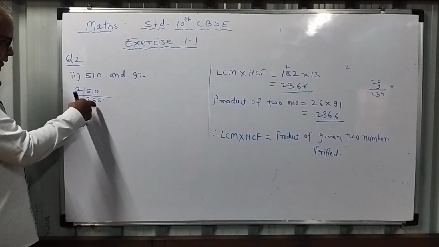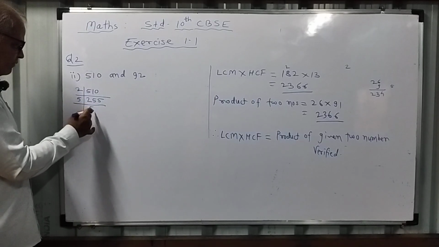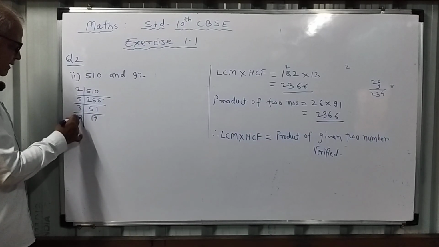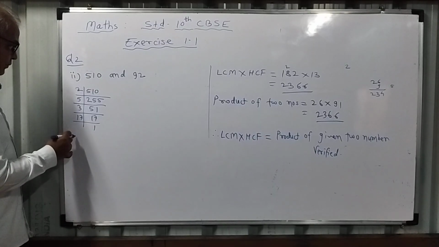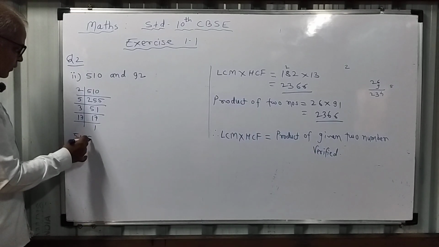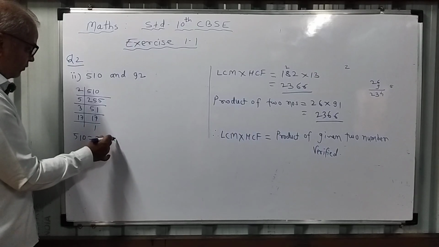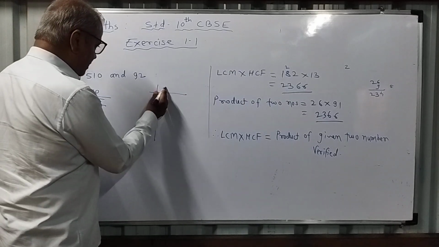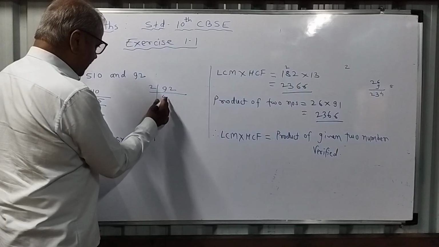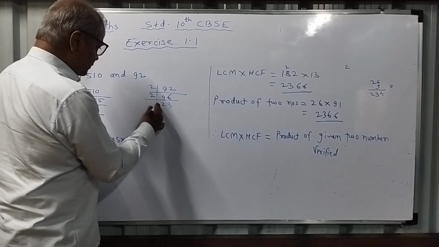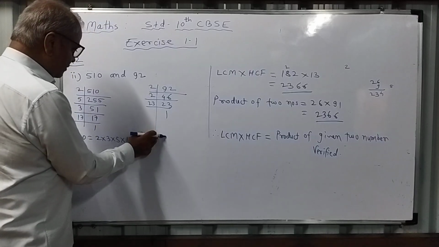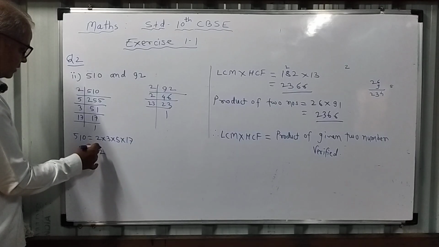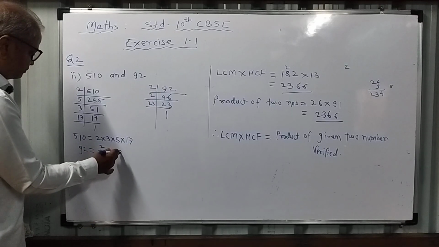Now 5 in the unit place, 5 fives are 25, 3 seventeens are 51 and 17 ones are 17. So 510 is equal to 2 into 3 into 5 into 17. And 92: 2 fours are 8, 2 twos are 4, 2 threes, and 23 ones are 23. So 92 can be written as 2 squared into 23.